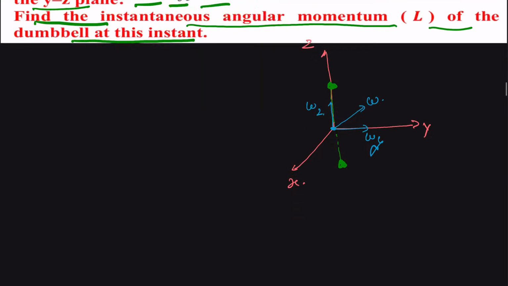So this is the basic question, and we are supposed to find out the angular momentum. Now this question we can do in two ways. The first way we can use the tensor or matrix version of that parallel axis theorem. Okay. And then in the second part we can use our standard procedure, that is using our conservation as well as the angular or energy.